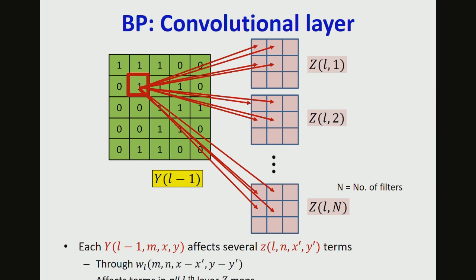XY contributes to 1, 0 through weight X minus 1, Y. XY contributes to 2, 0 through weight X minus 2, Y. In general, each XY affects a corresponding X prime, Y prime in Z through weight X minus X prime, Y minus Y prime. Make sense to everyone?